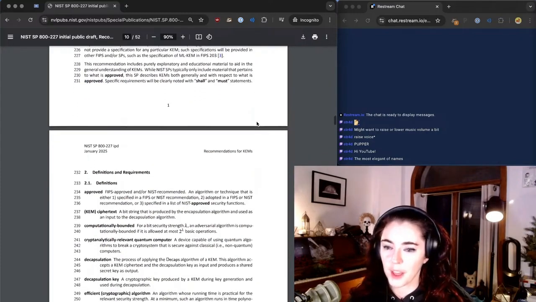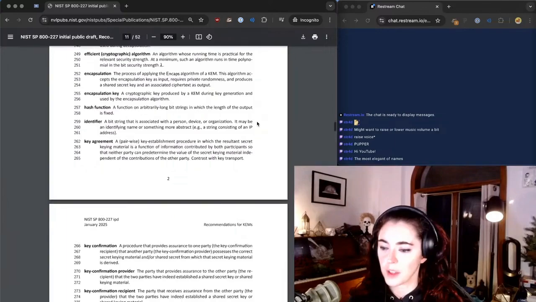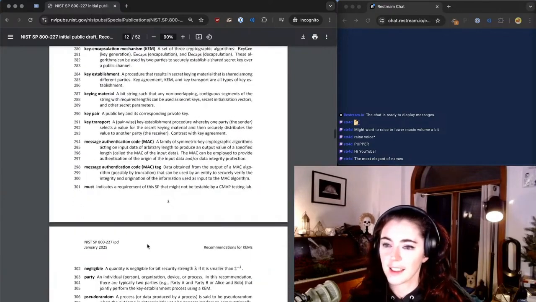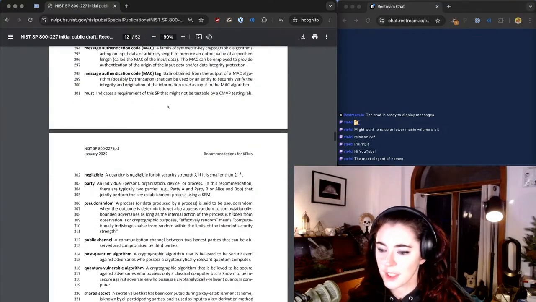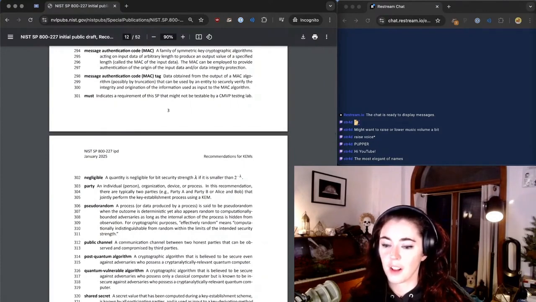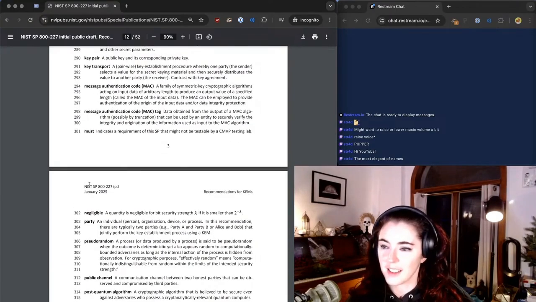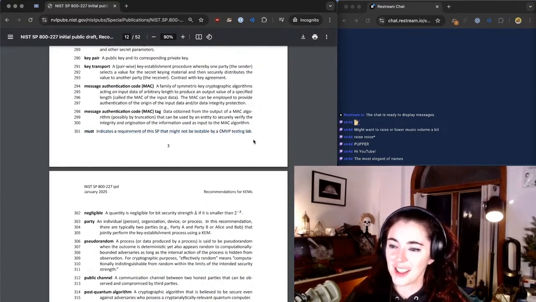If you're familiar with IETF language, these keywords, shall and must, are different in a Nist document. Shall is like the all caps must in an IETF document, and must is kind of like the should in all caps in an IETF document.